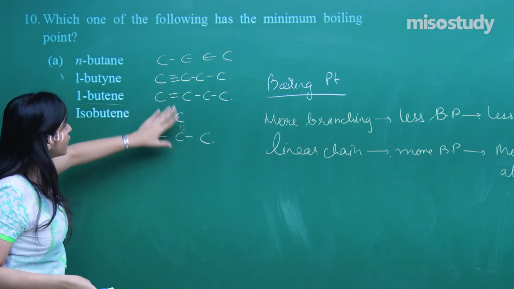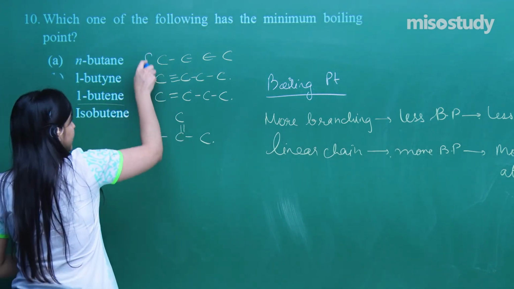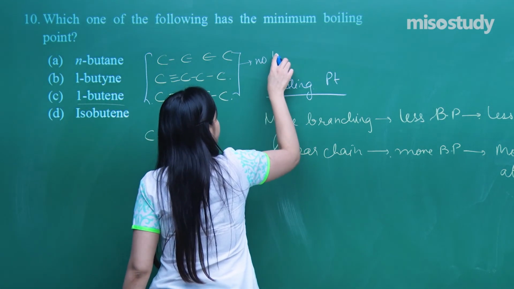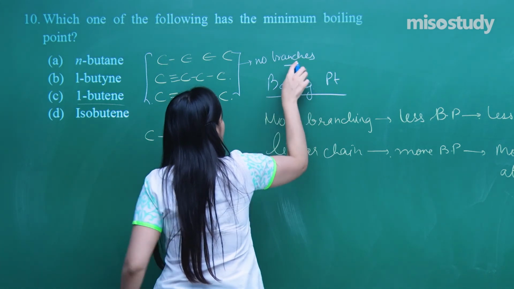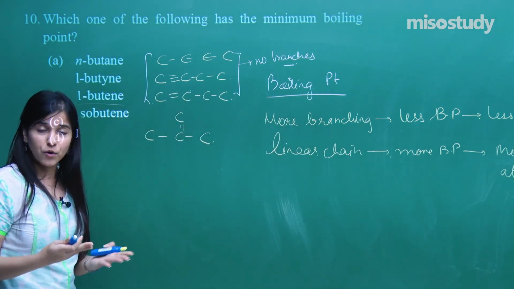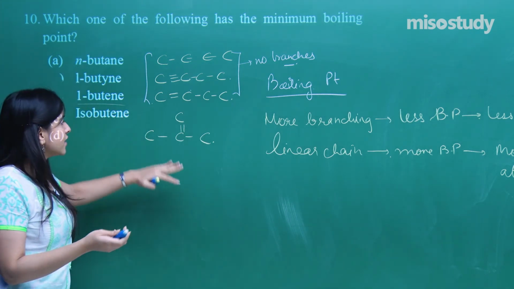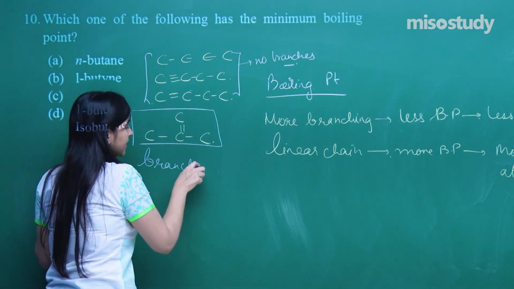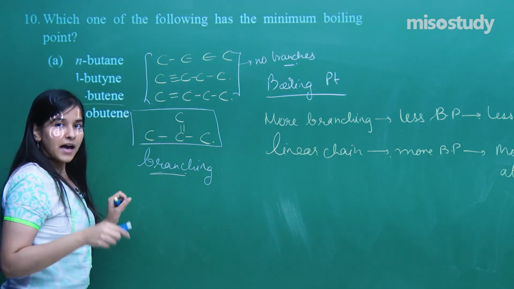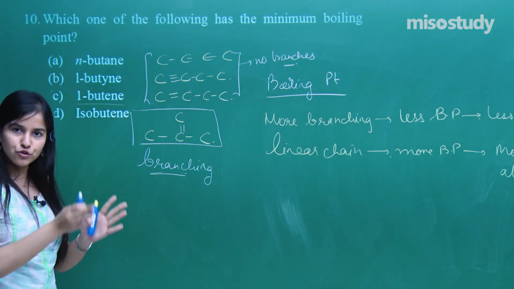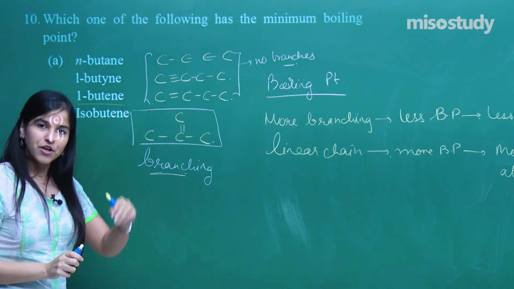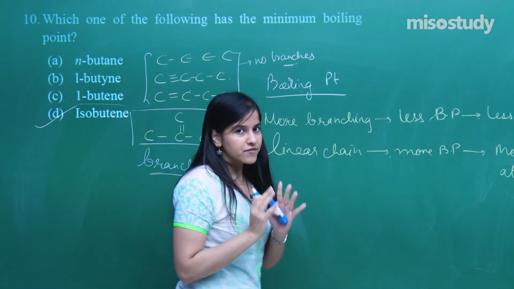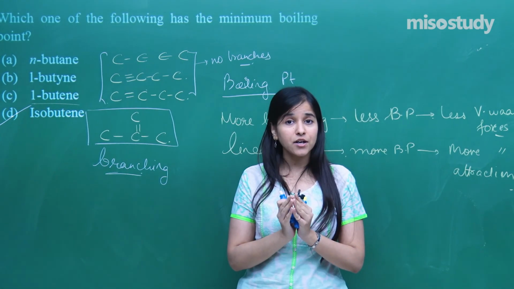So out of 4, we can see that these are linear chains having no branches. That means it will have higher forces of attraction, that means higher boiling point. But here, if you can see, there is branching. That means lesser surface area and lesser boiling point due to lesser van der Waals forces of attraction. So that is the answer to this question. Isobutene is the answer.